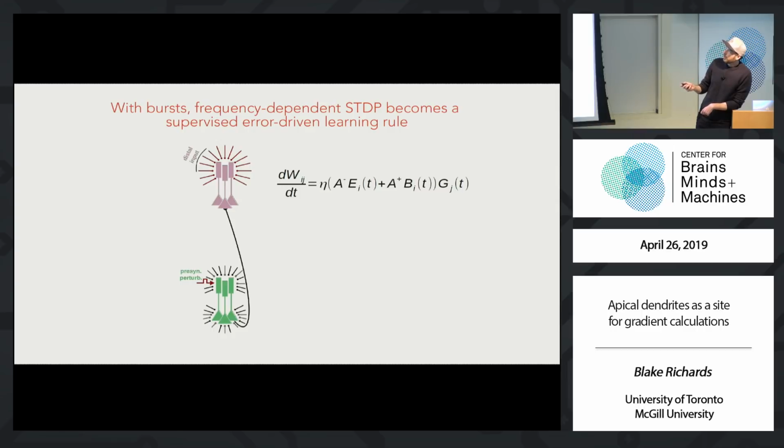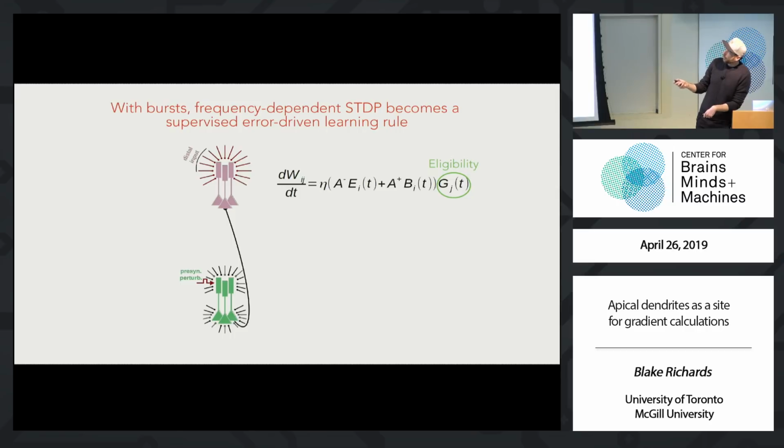The weight change for a particular weight between neuron i and j is going to be a function of an eligibility trace, which is basically just a convolved spike train, indicating when spikes have occurred in the past.